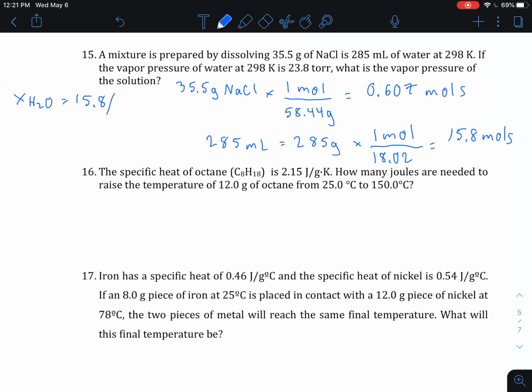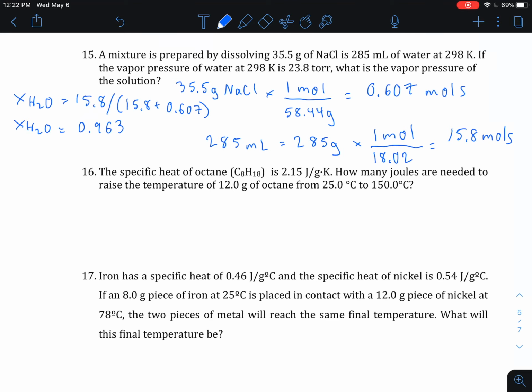So now we can solve for the mole fraction of water, which will be 15.8 divided by 15.8 plus 0.607. So for the mole fraction of water, I get 0.963.